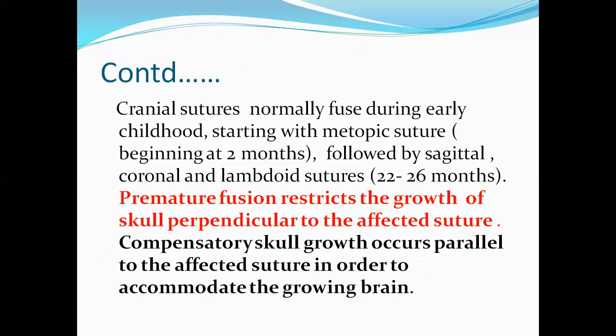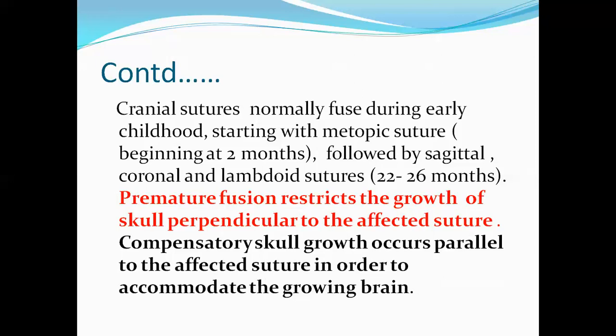Cranial sutures normally fuse during early childhood. They start with the metopic suture that fuses at the age of 2 months, followed by the sagittal, coronal, and lambdoid sutures at 22 to 26 months. Premature fusion restricts the growth of the skull perpendicular to the affected suture. If a suture gets prematurely fused, it can't grow perpendicular to that suture.